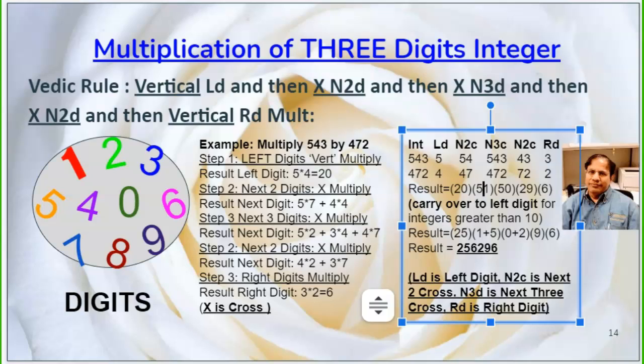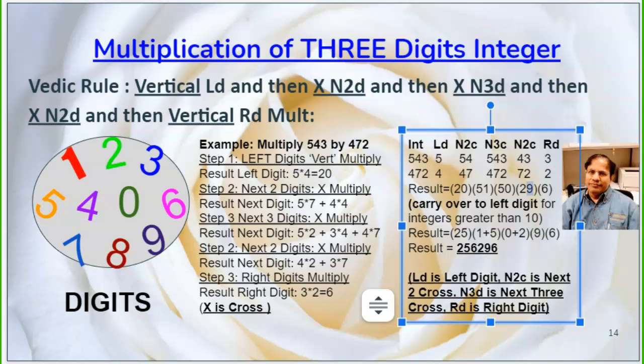Then we multiply 3 digits at a time. 5 times 2 plus 4 times 3 plus 4 times 7, and we end up with the digit 50. And then we do the next 2 digits, which is 43 multiplied by 72. And so 4 times 2 plus 7 times 3, which is 29.